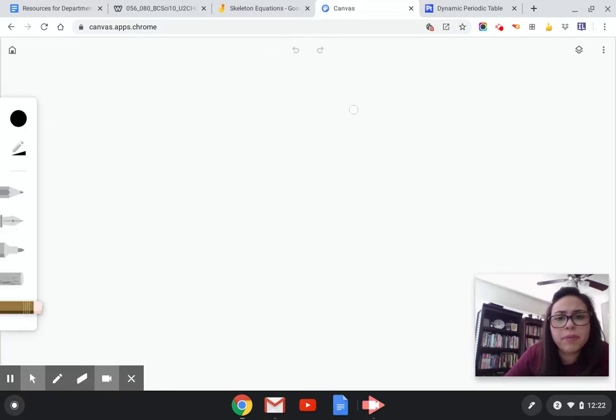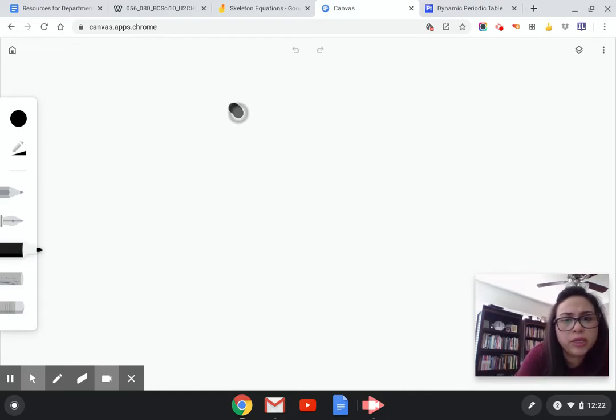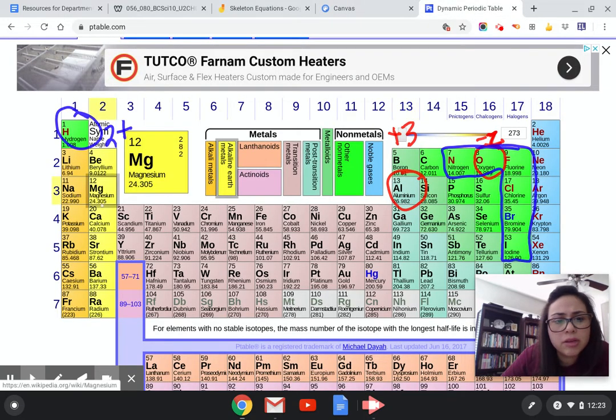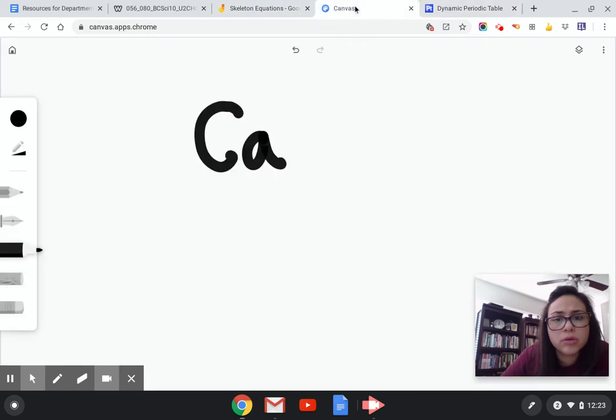So I'm going to just use my pad here so we can look at what that means. So calcium is going to be, okay, and again, looking at the periodic table, calcium belongs to group 2, so it has a 2 plus charge. So we're going to put that.